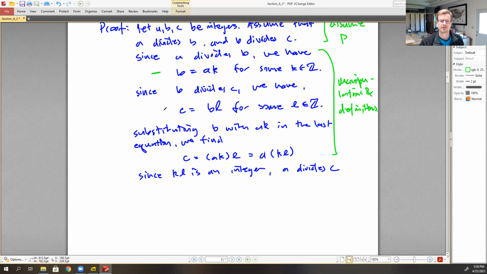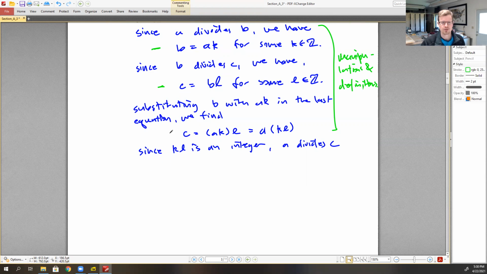That's what I would consider each of these. Those are both definitions, right? What does it mean for a number to divide another number? Well, it means that we can write it in this way. So again, here we're using a definition as well. But this gives us, we found that the conclusion is true. A divides C. Excellent. So Q is true.